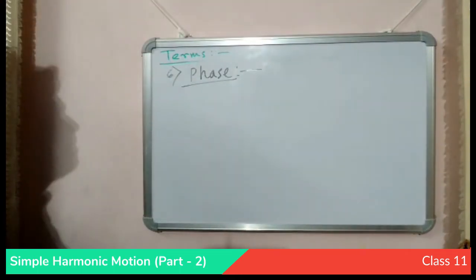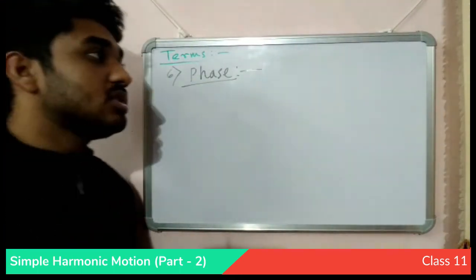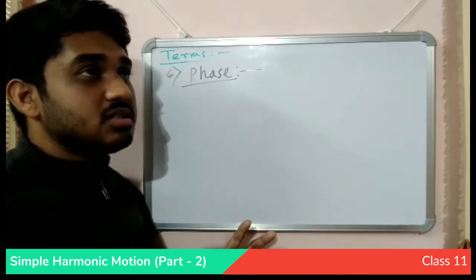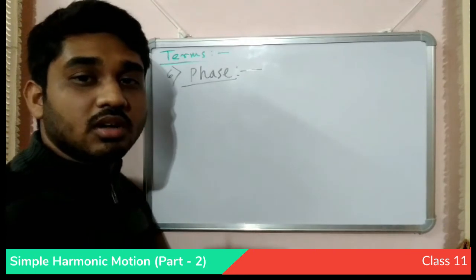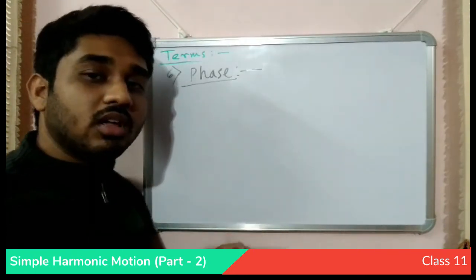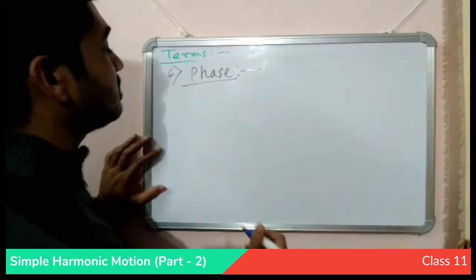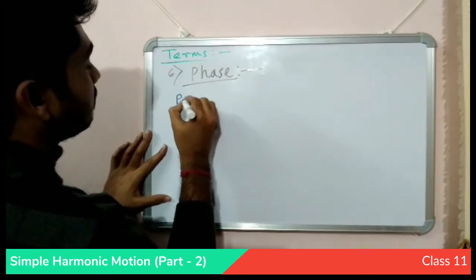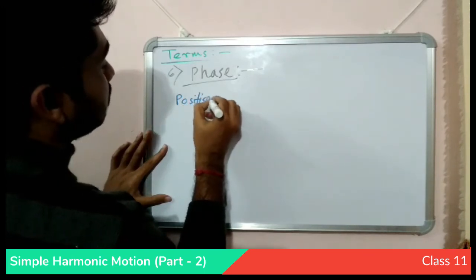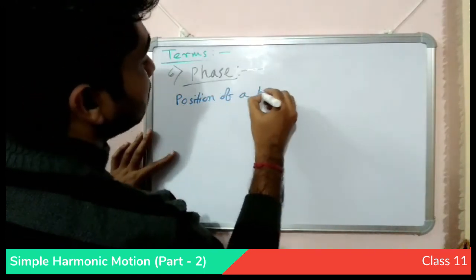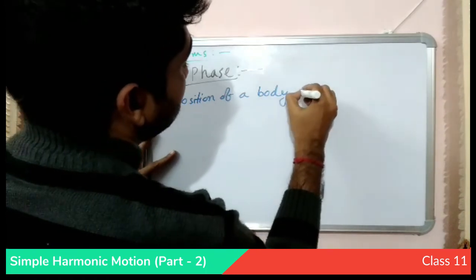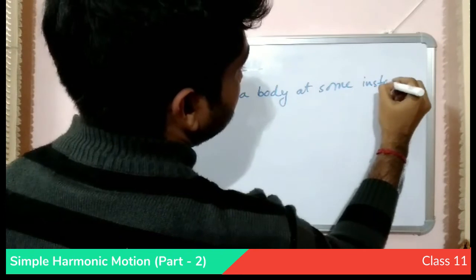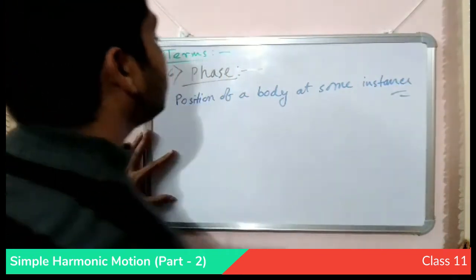Phase indicates the instantaneous position of a body, or phase is that notation which denotes the position of a body at some instance. This is our phase.